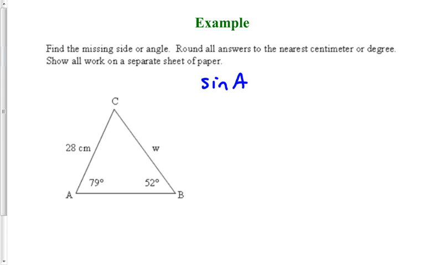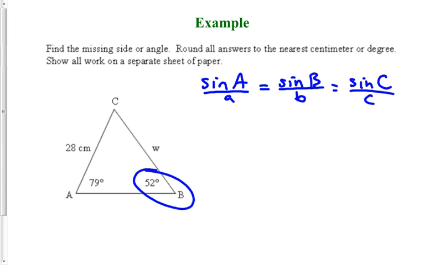Sine of angle A over side A equals the sine of angle B over side B equals the sine of angle C over side C. And I'm writing it all out just to show you how we're only going to use two of the three ratios. So when I look at the triangle there, I can clearly see that I know the measure of angle B, and I know the measure of side B. Remember that the side corresponds to the opposite angle.